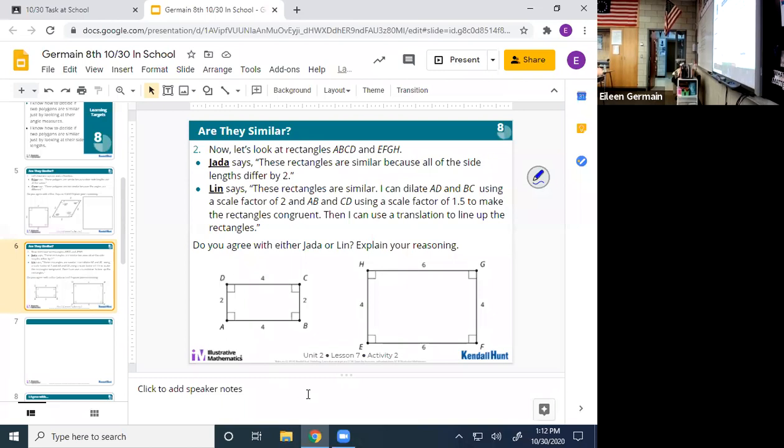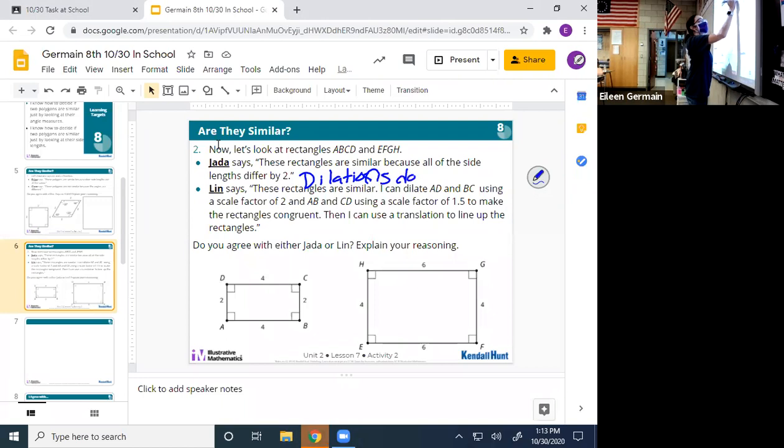Because what do we know about scale factor? When we're dilating a shape, we have to do what operation? We have to multiply. And this is saying add 2 to each side. That's not the operation that we're doing here. So dilations, thank you for bringing that up. I brought that up in the last class, but I forgot.